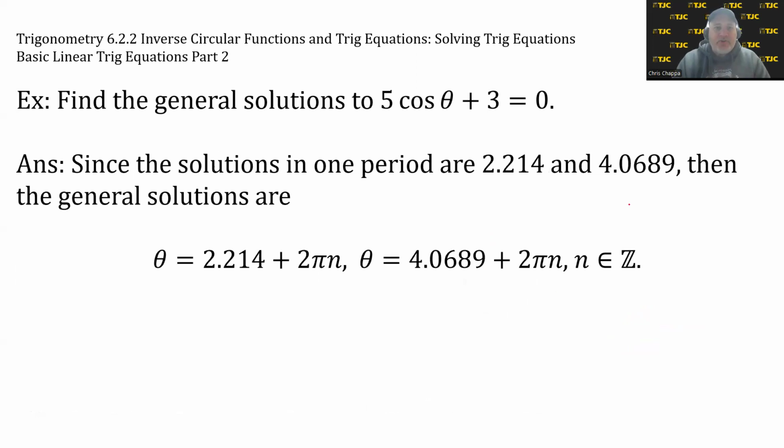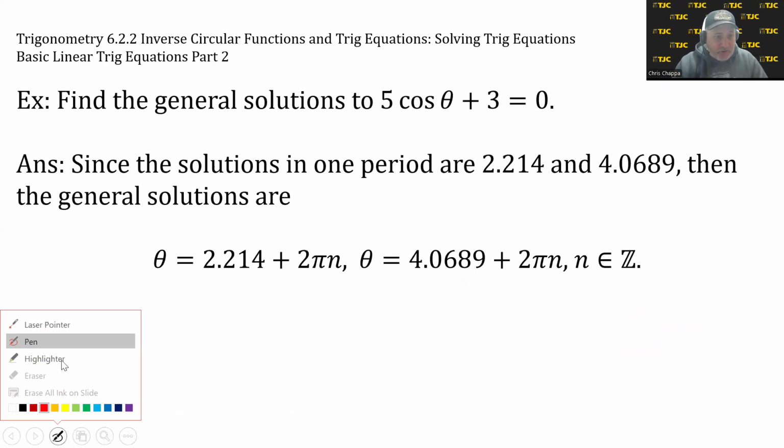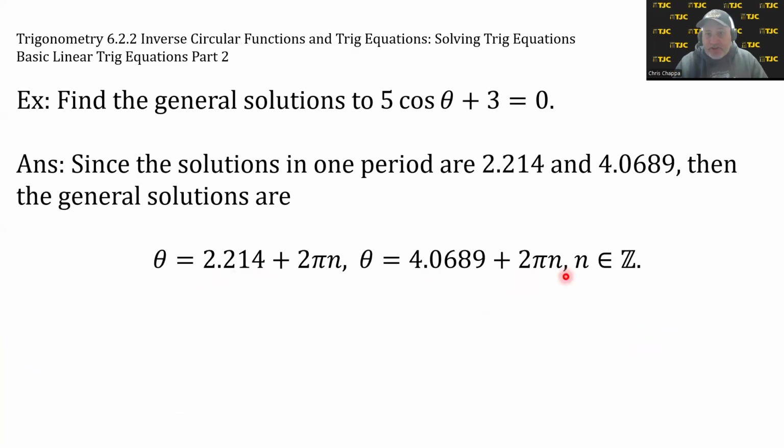Since the solutions in one period are 2.214 and 4.0689, then the general solutions are those things plus 2 pi n, where n is an element of the integers.